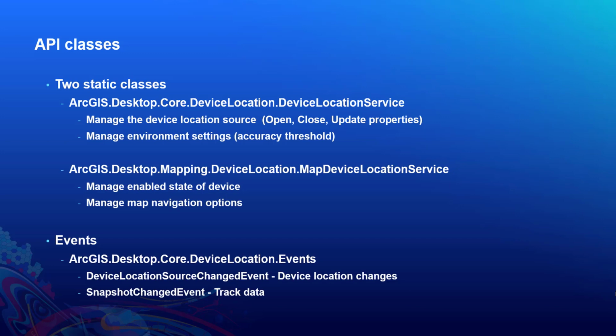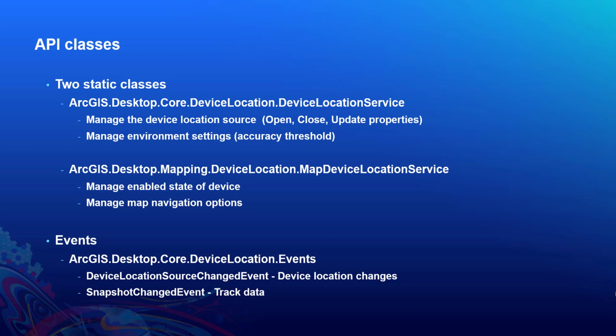The class also has methods for managing environment settings such as the accuracy threshold. The second class is the Map Device Location Service class located in the arcgis.desktop.mapping.deviceLocation namespace, and this allows you to manage the enabled state of the current device along with methods for setting and updating the map navigation options.